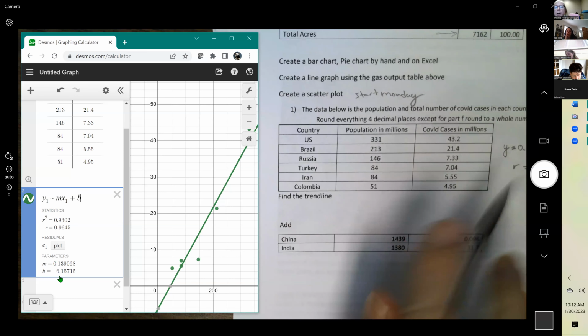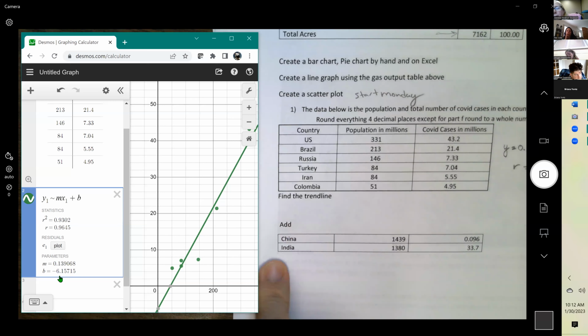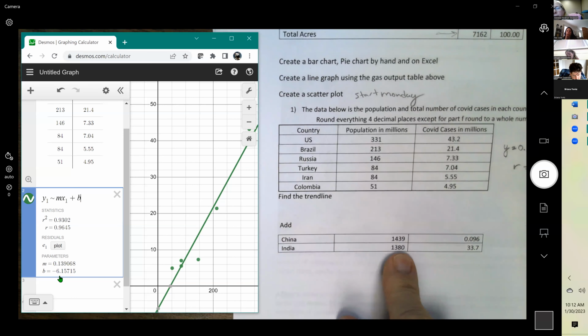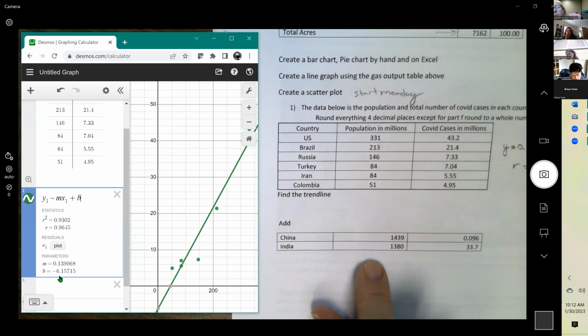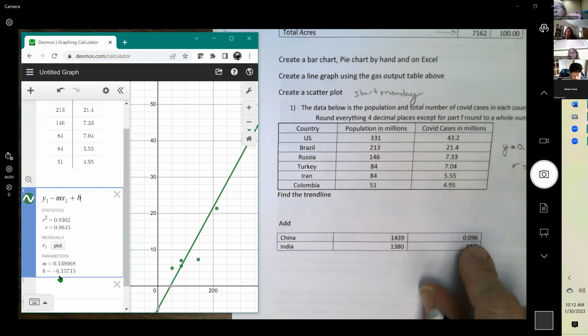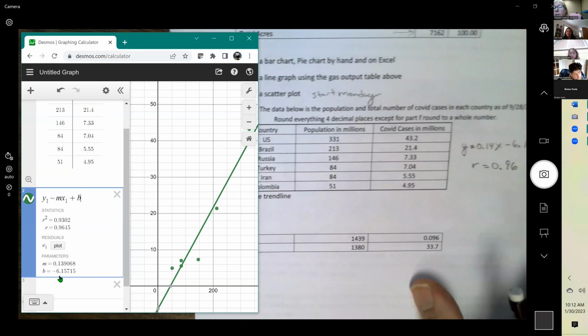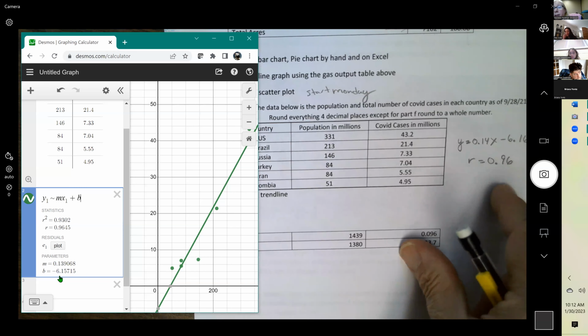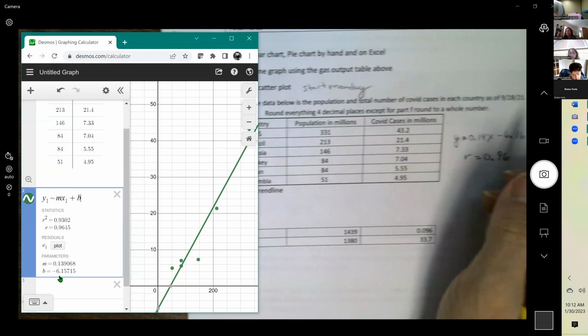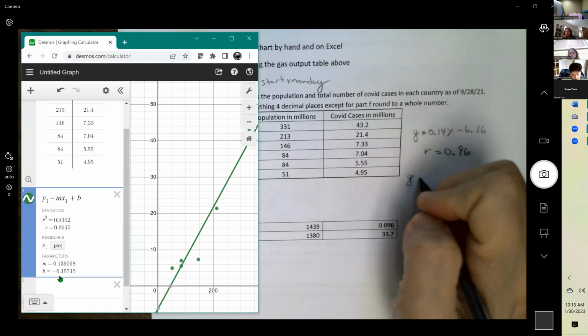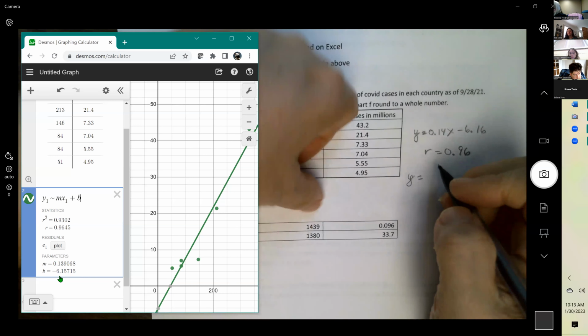Now notice China and India. They have a very large population because this is in millions. So it's 1,439 million. And their cases are really low. If we plug them into this equation that's supposed to be accurate, y equals, we'll do China.